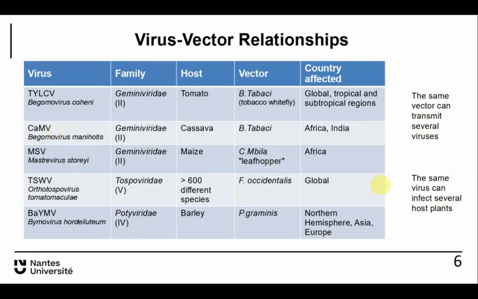So for example, MSV is only a problem in sub-Saharan Africa. Okay, we got plenty of maize growing in Europe and in France, but we don't have a problem with this virus because the vector doesn't live here. And similarly, these viruses used to be, I believe, restricted to Africa, but since then the vector has managed to colonize other continents because of the transport of agricultural crops, harvests that are exported from one place to another.